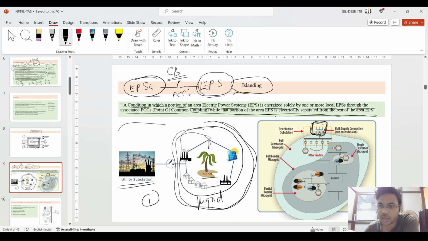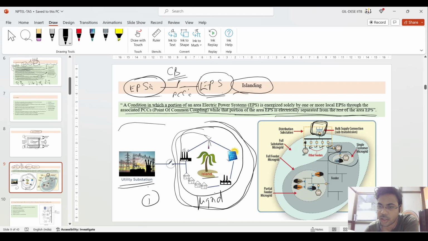This distribution substation has bulk power supply and transfer capacity. Then it is connected to some feeders. On the first tie line, the first feeder is connected to this generator. Then there are other feeders, second, third, fourth, and on the right side, the last feeder has one generating source, a generator.